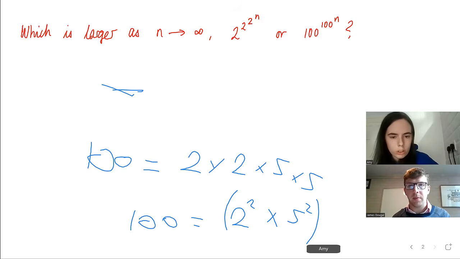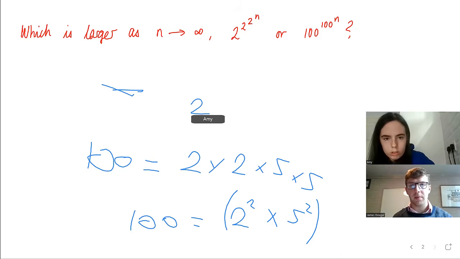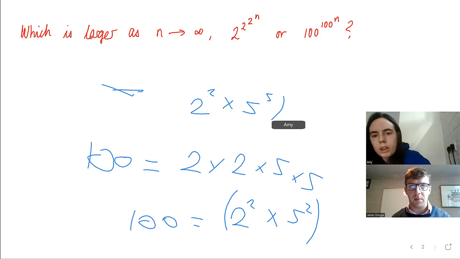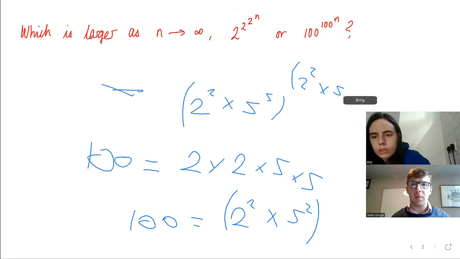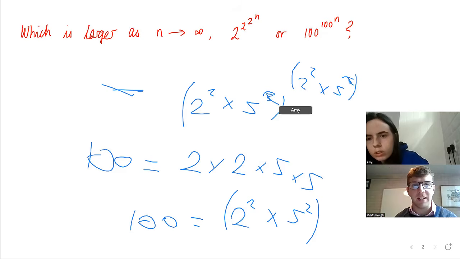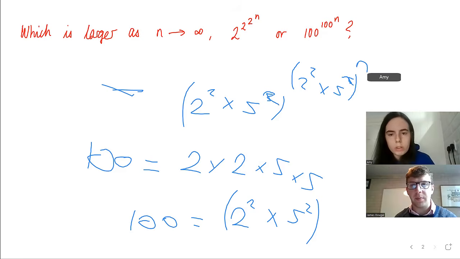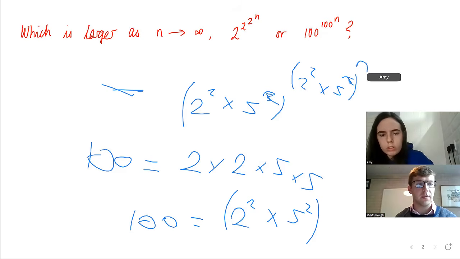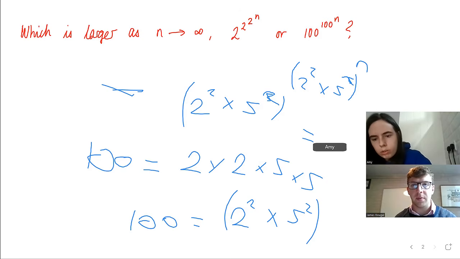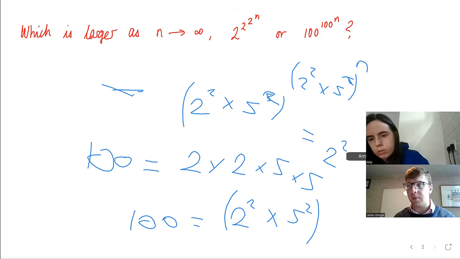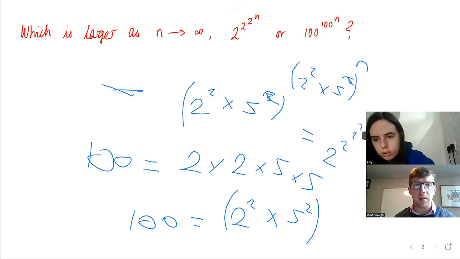And therefore 100 to the 100 to the n is 2 squared times 5 squared, all to the n. So we've got in it 2 squared, which equals 2 squared times 2 squared to the power of n as well.